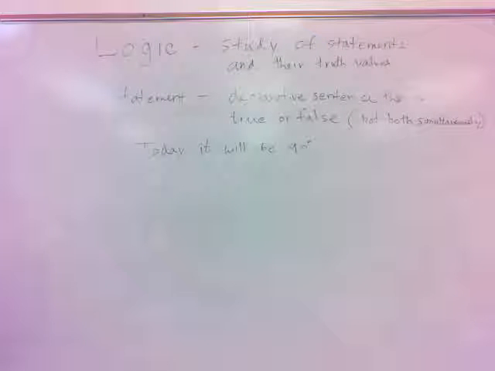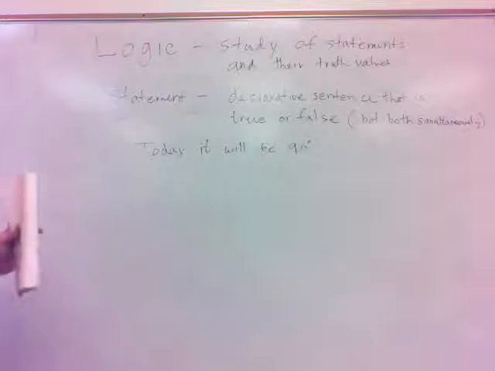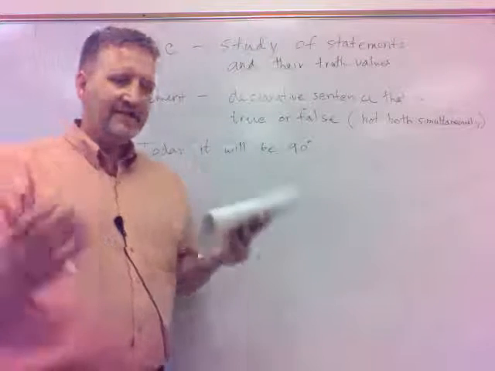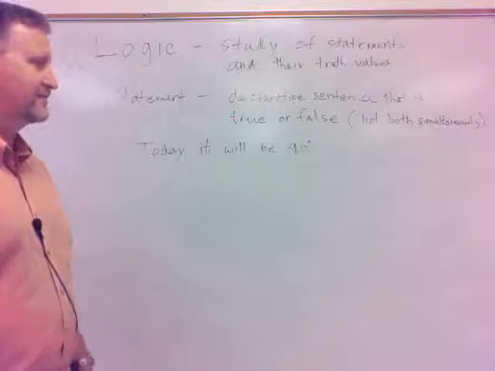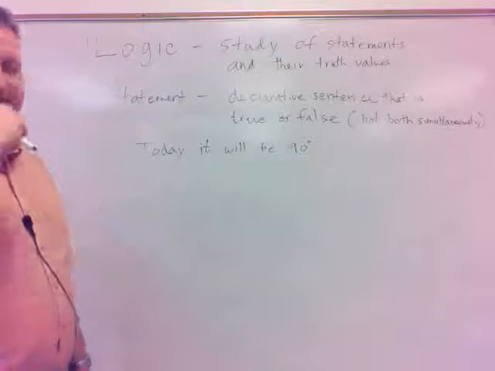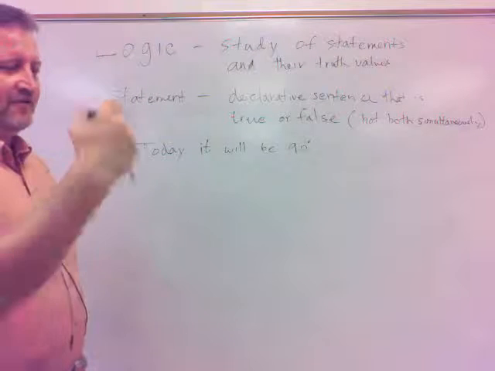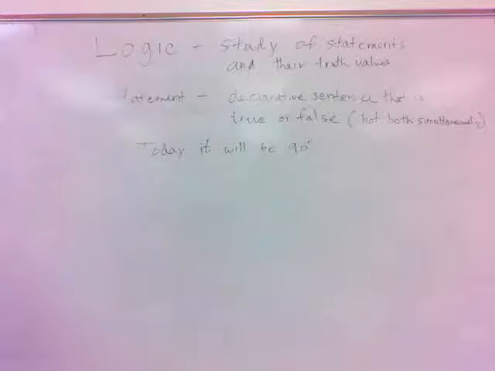We also want to try to avoid statements that have opinions, like the statement "Tiger is better than Jack." That depends on somebody's opinion. So we want to be factual about it. So that's what we're studying, which may sound easy, but there are some things that go along with it.